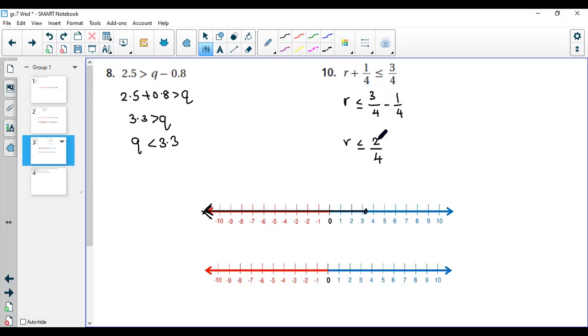Now, if you look at this, definitely you will know that we need to simplify them. It's not correct. So, if you simplify with 2, you're going to get half, which means r is less than or equal to half. Now, where is half in the number line? Half comes between 0 and 1. So, half is here.